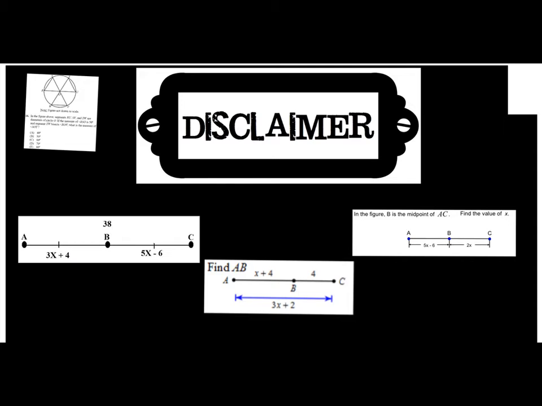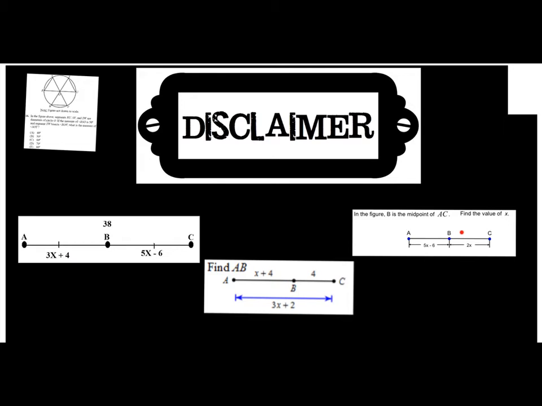Don't think your teacher drew it wrong or put it exactly a certain way. You never know. For example, if you're looking at this problem right here in the center, don't think that I made a mistake and that point should really be in the middle. I kind of put it off on the side on purpose.